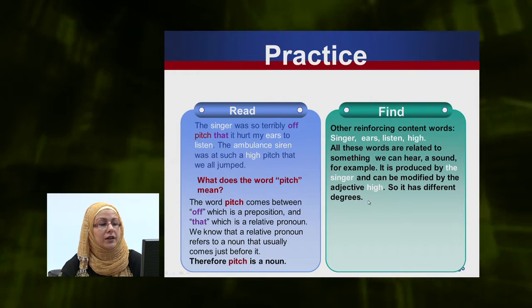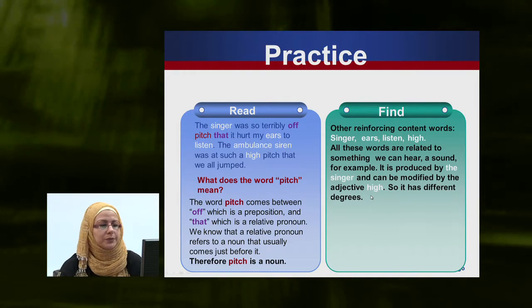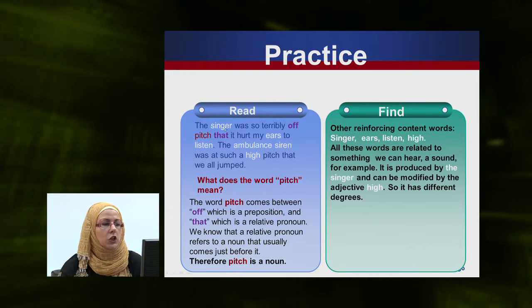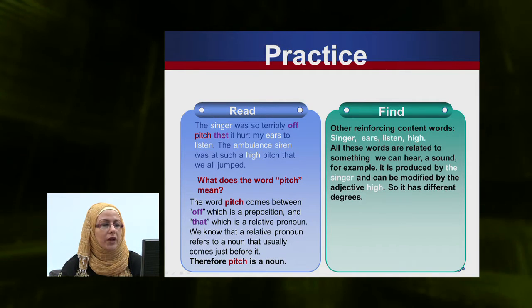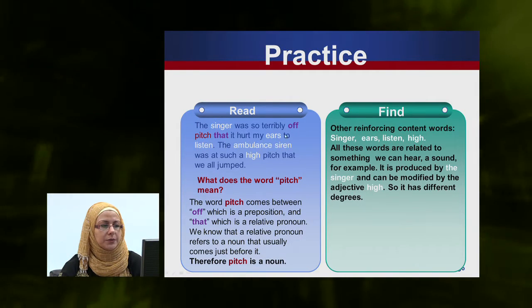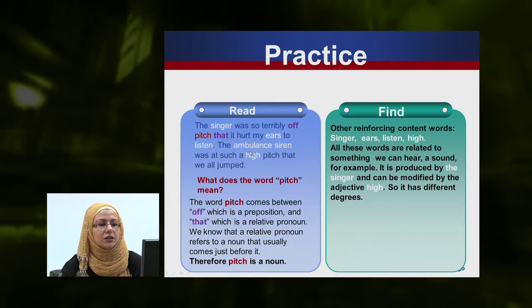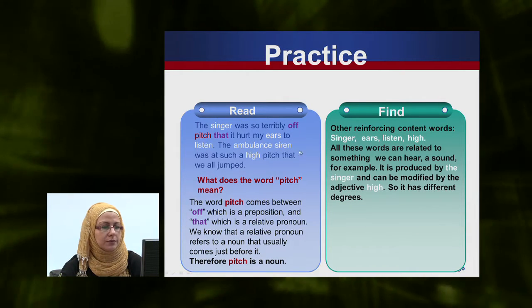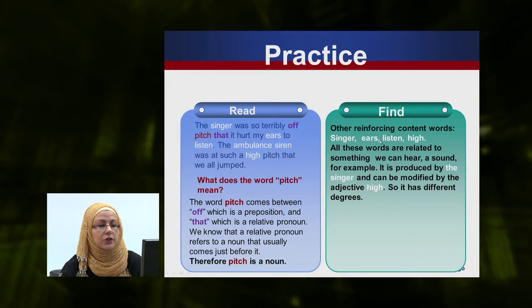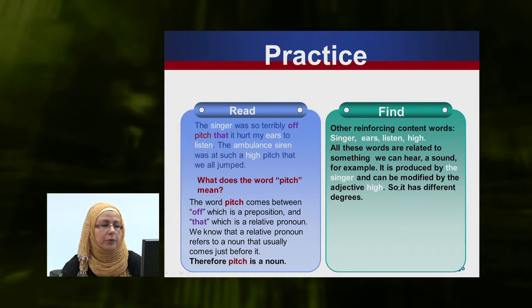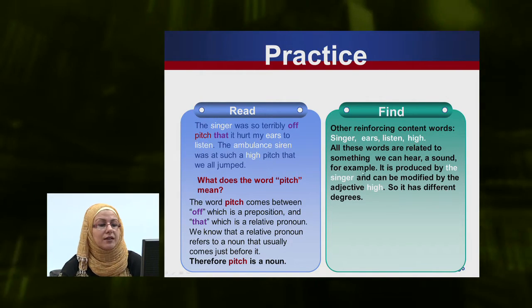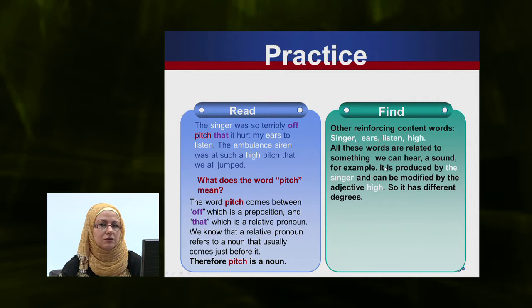We also need to find other reinforcing content words. Notice the white highlighted words. These are reinforcing content words. Singer, ears, listen, high. All these words are related to something we can hear.